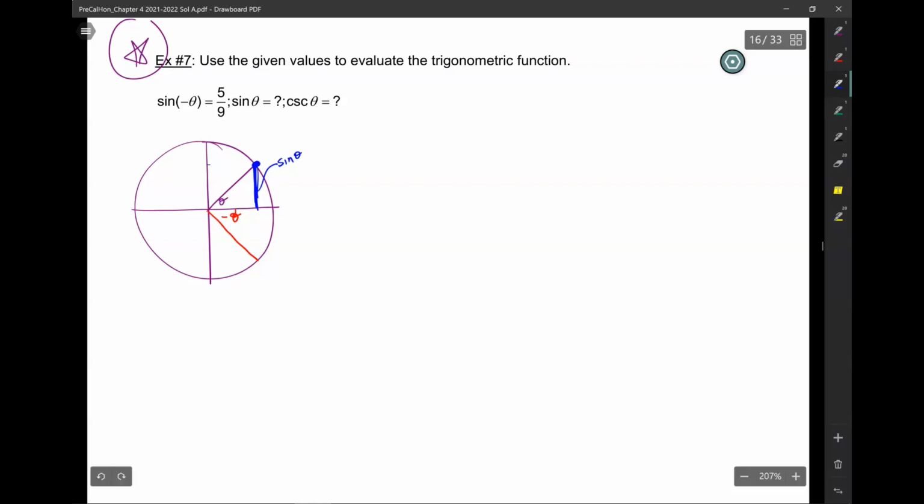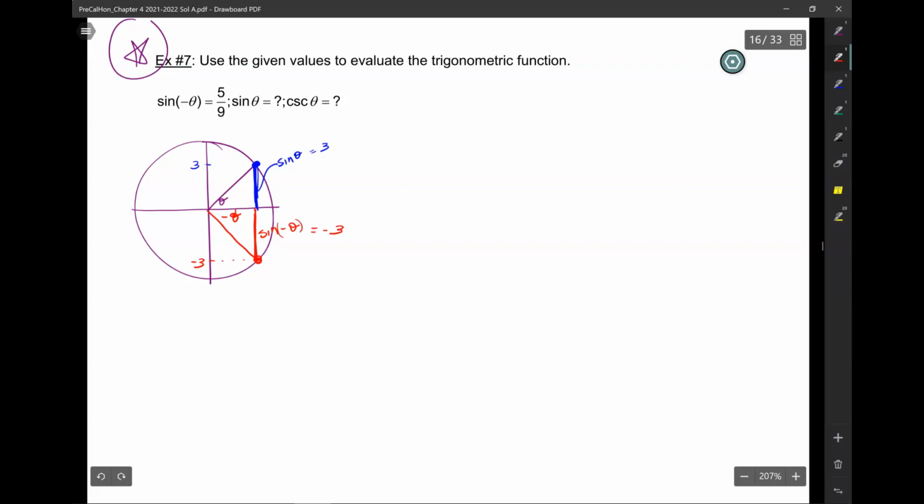So the y coordinate there could be a 3. I'm just making up that 3. But now for the negative angle, where is the sine? It's here. Well, what's the y value there? Negative 3.